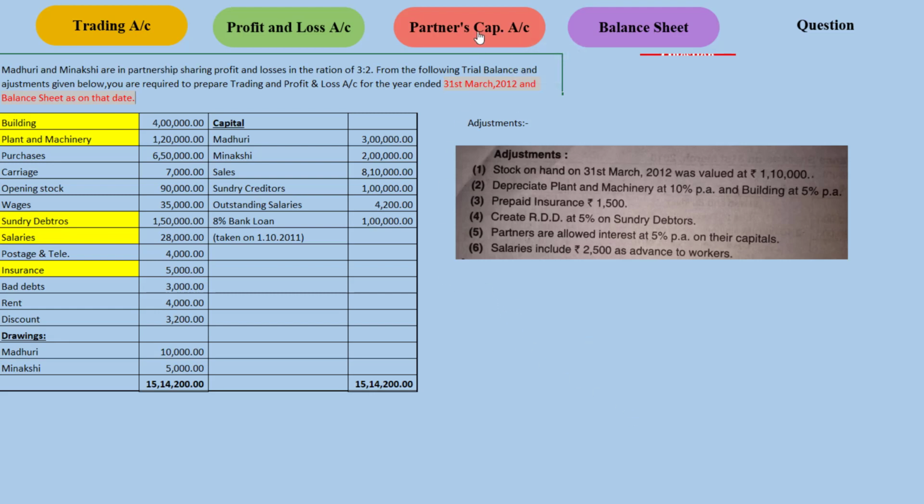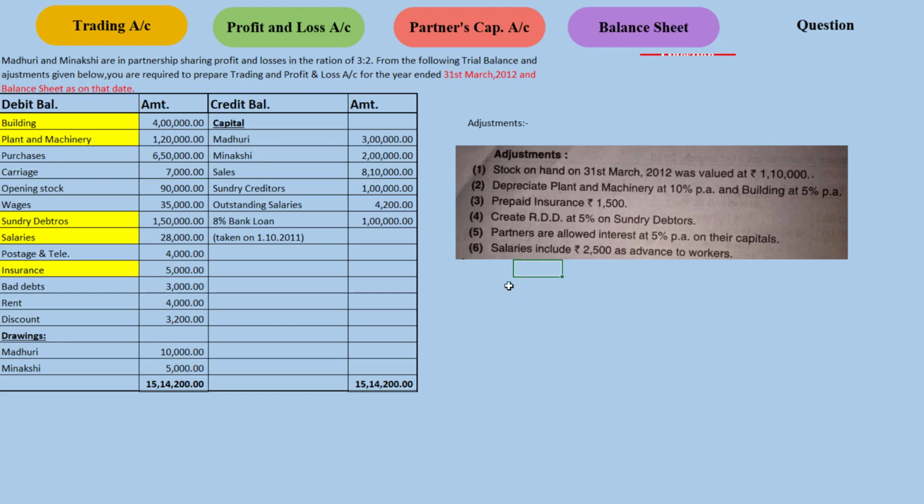So we need to count the date from 1/10/2011 to 31st March 2012. Okay, we need to count how many months.